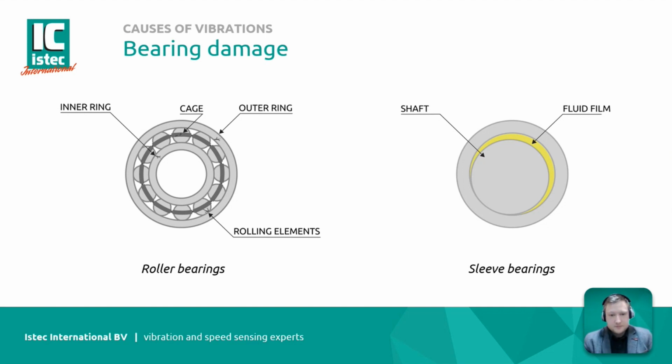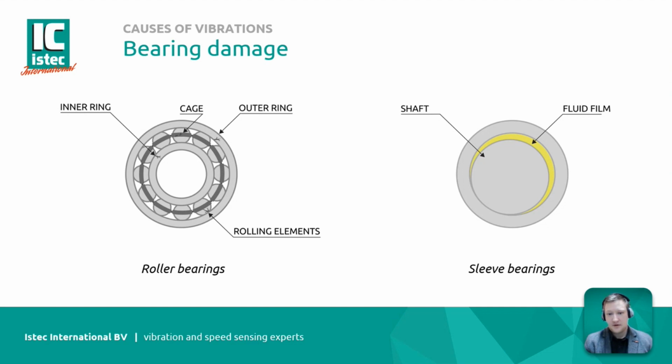Sleeve bearings are much simpler in setup, involve fewer components, and instead of rolling elements, a fluid film is used to reduce the friction and to add damping. But when the oil film is not stable, so it cannot form properly, it can break, and it can result in instabilities.